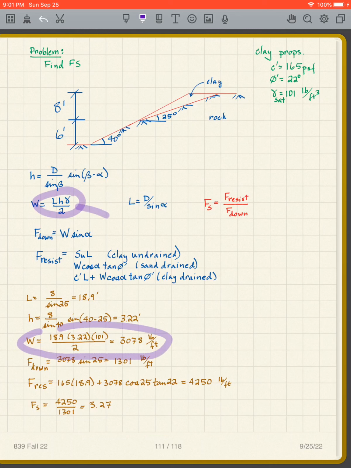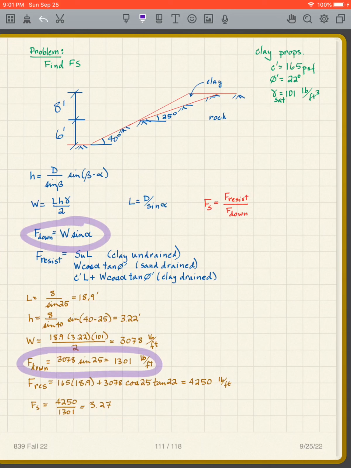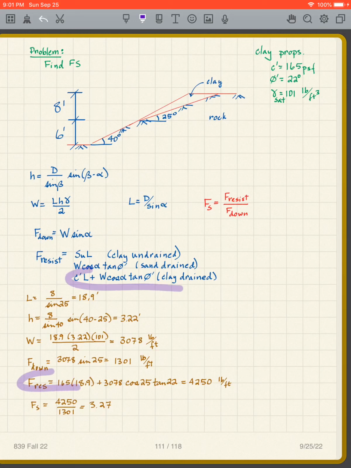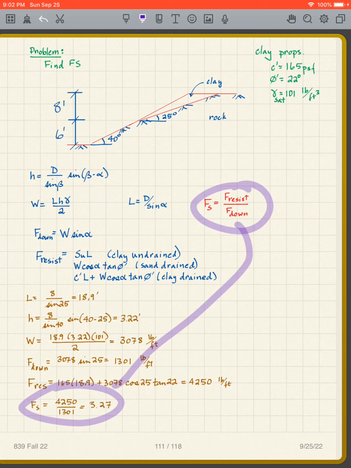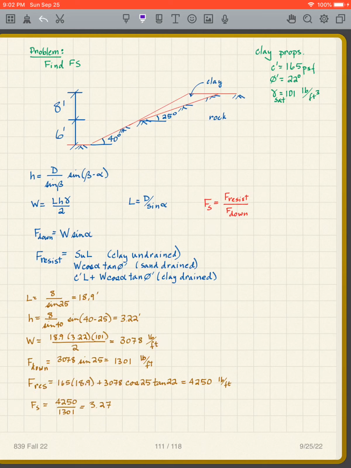Plugging it in here, we get 3078. We get our F down, W sine alpha, 1301 pounds per foot. Our F resisting, I'm going to plug it into this expression, and I end up with 4250. And so my factor of safety works out to be 1 over the other. That gives me 3.27.